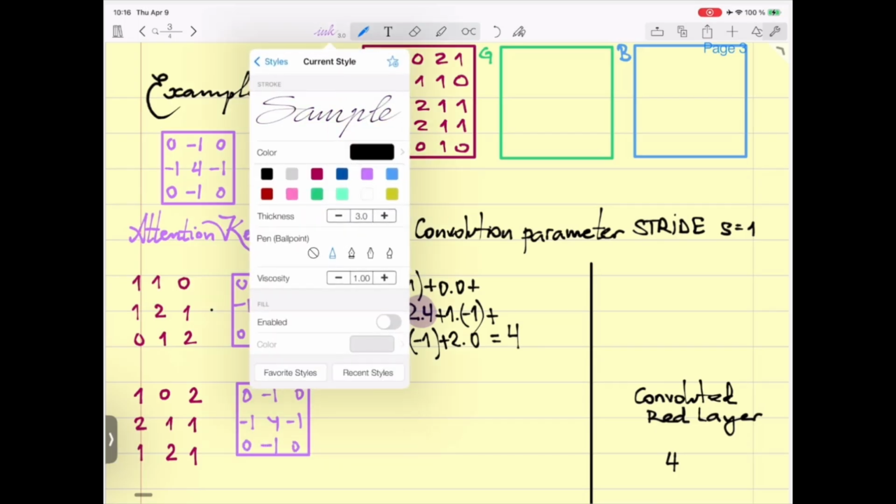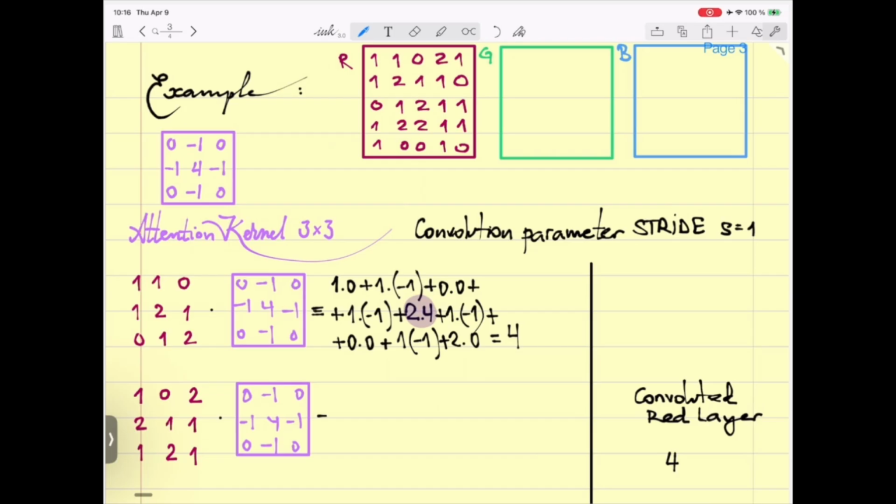We multiply, and then 1 times 0 plus 0 times minus 1 plus 2 times 0 plus 2 times minus 1 plus 1 times 4 plus 1 times minus 1 plus 1 times 0 plus 2 times minus 1 plus 1 times 0.